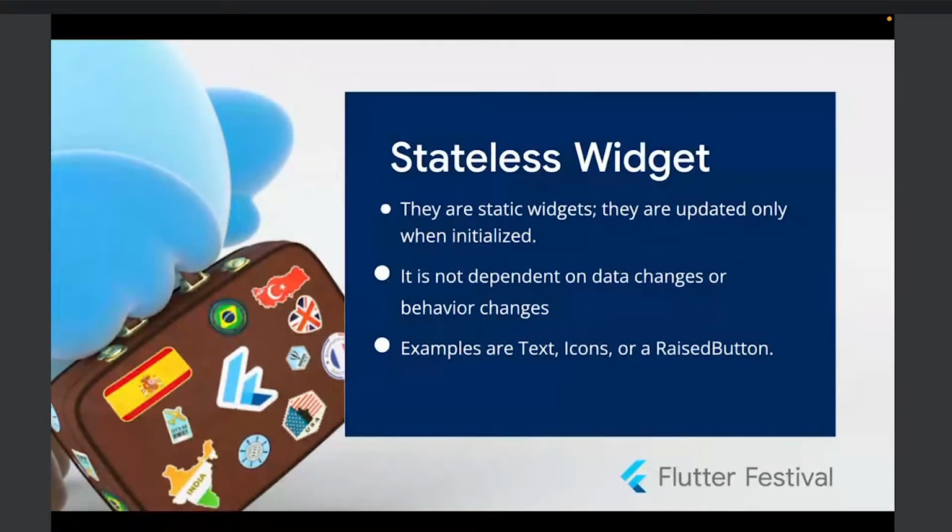Like the color of my app, you've seen the logo of Facebook, right? In our app, it does not change according to the time unless it has been changed by the Facebook team itself. So it always remains the same. Examples of stateless widgets are texts, icons, and raised buttons.